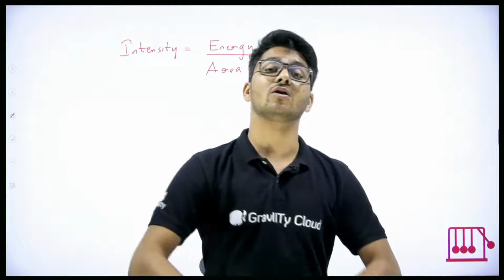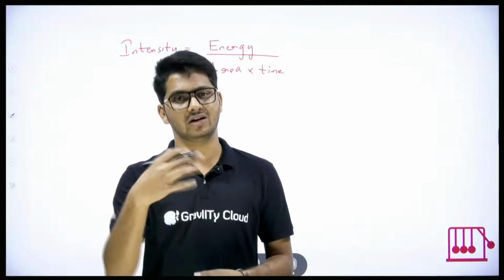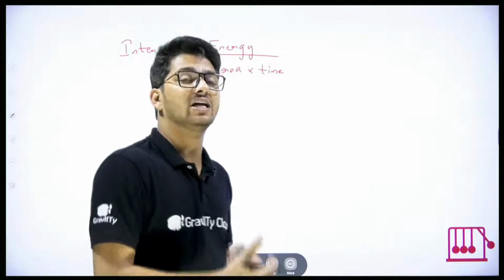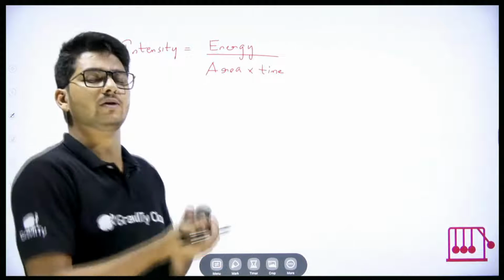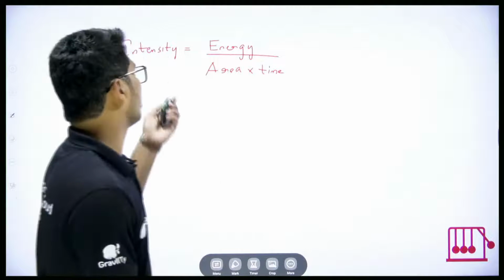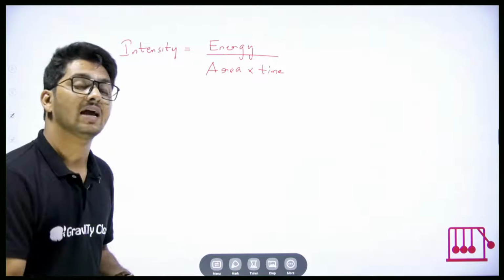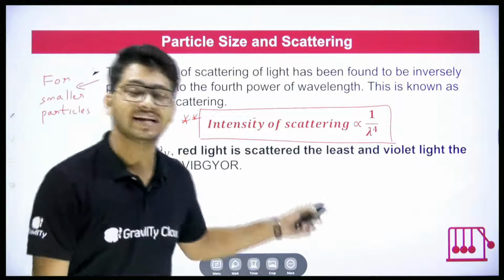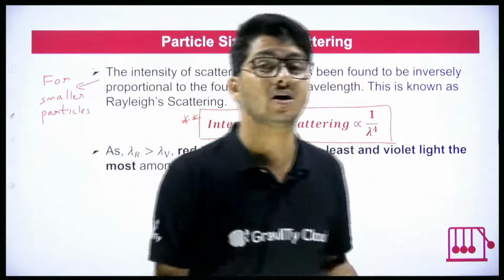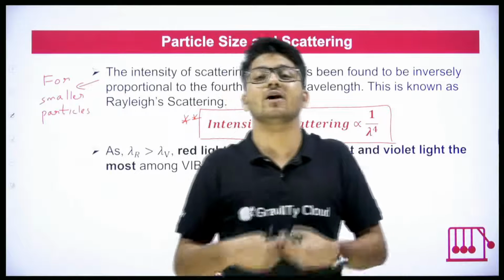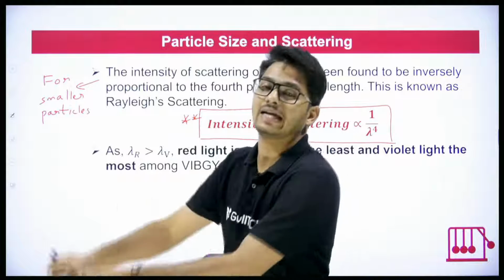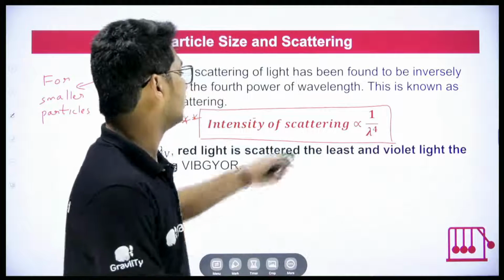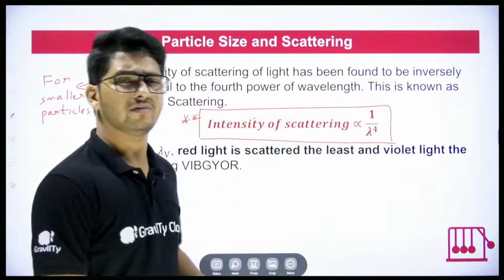It measures the rate of energy released or absorbed in some area. So when we talk about intensity of scattering, you have to understand it as how much energy of light is scattered, and it is inversely proportional to the fourth power of wavelength.